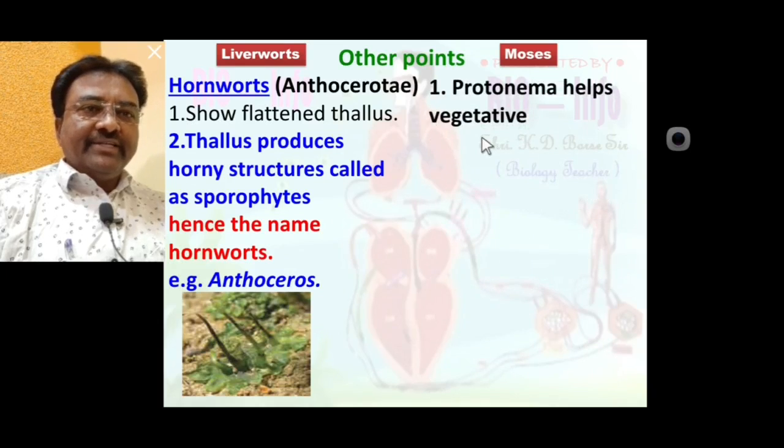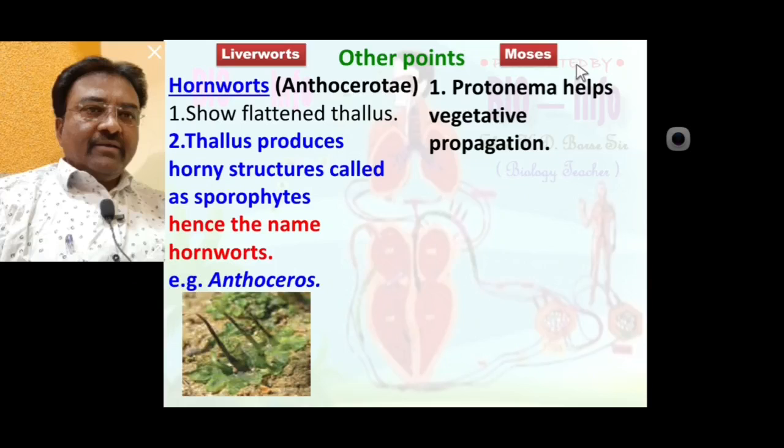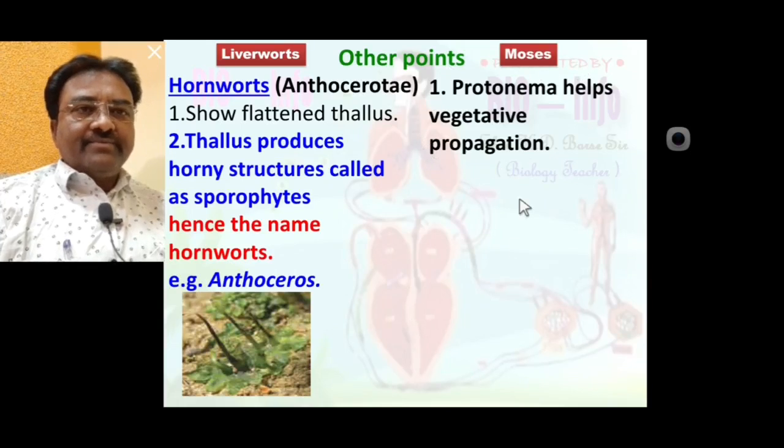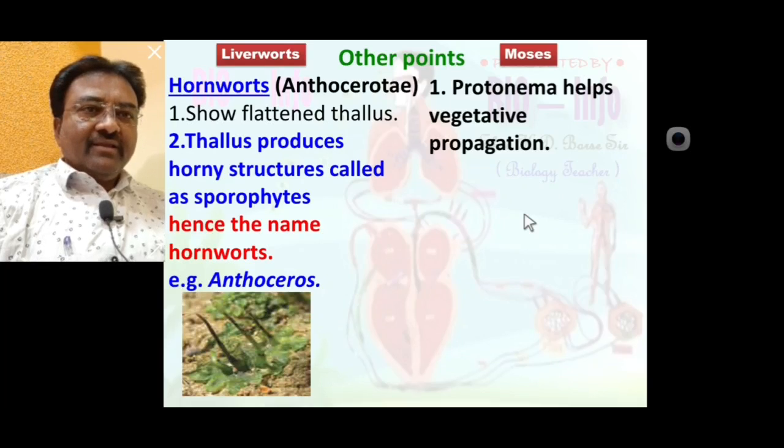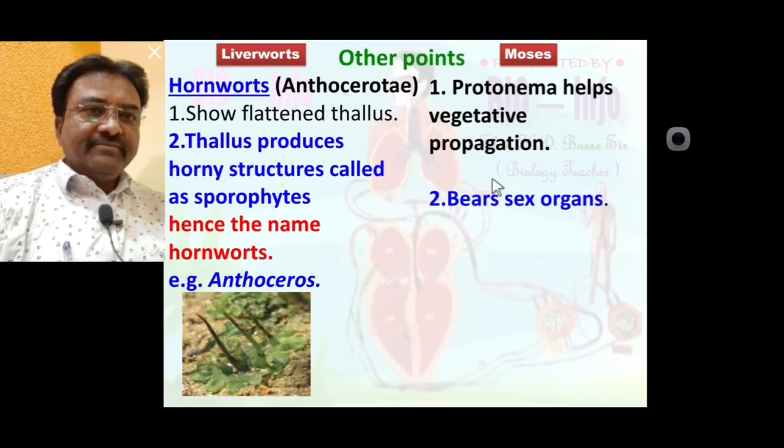In mosses, the protonema helps in vegetative propagation, because it has buds, and each bud produces a leafy structure, the gametophyte. So the protonema helps vegetative propagation.